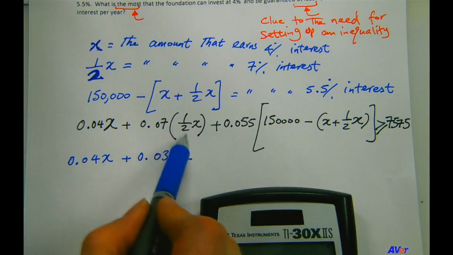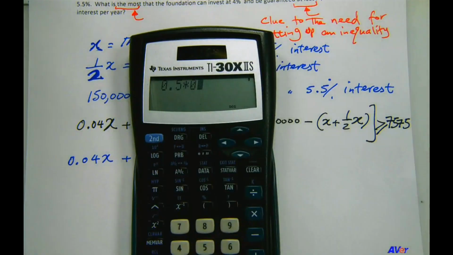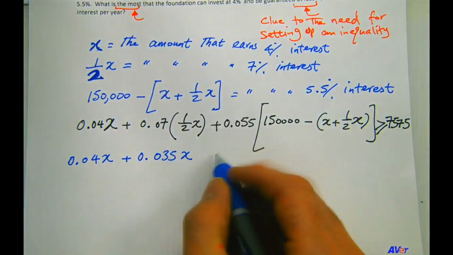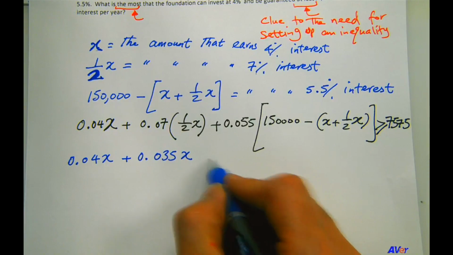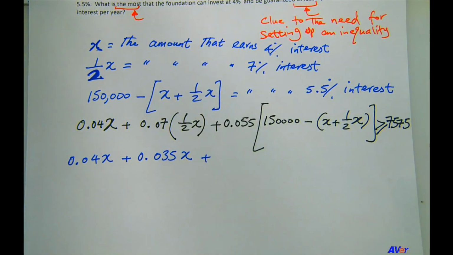So 1/2 is just 0.5, right? So 0.5 times 0.07 is 0.035x, and then plus 0.055 times 150,000. Let's find out what that is.